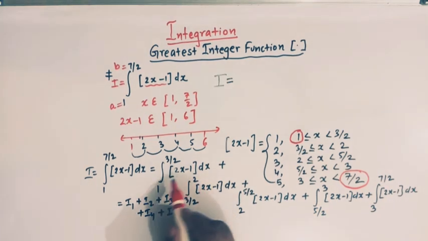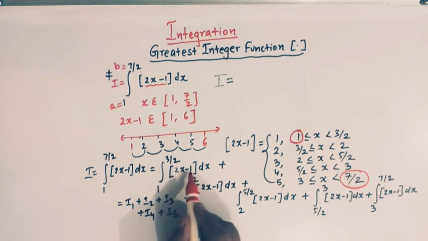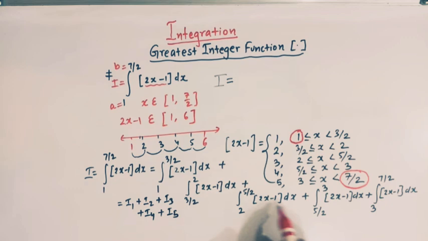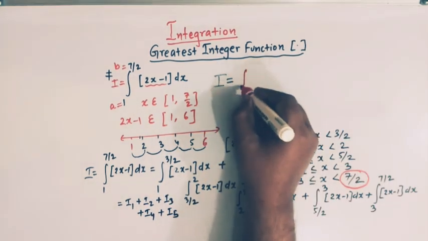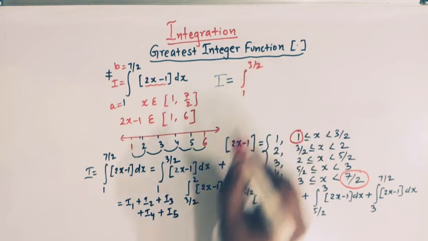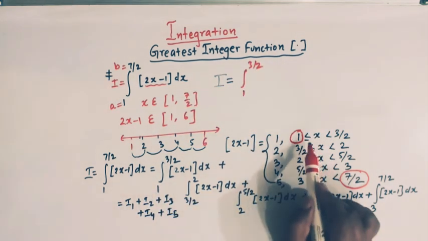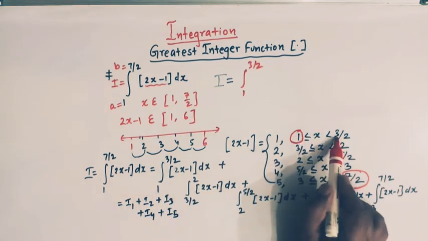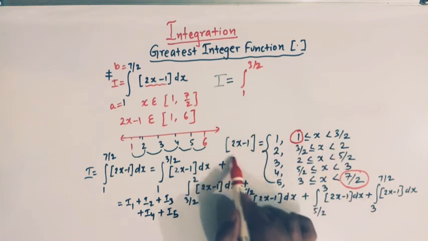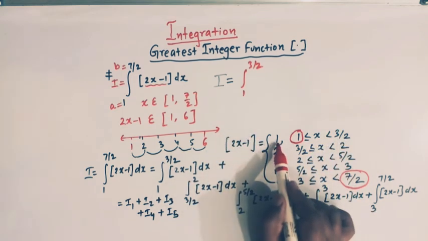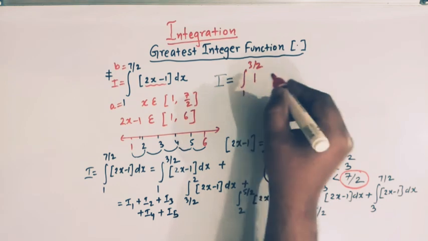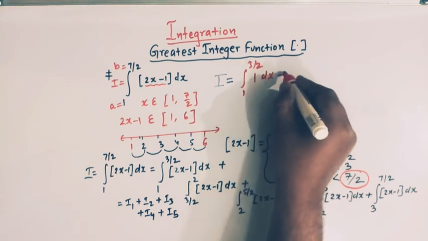So now let us substitute the value of the greatest integer function 2x minus 1 in all these 5 integrals, right? So the first integral is from 1 to 3 by 2, and when x lies between 1 to 3 by 2, then the value of this greatest integer function is 1. So here we'll have 1 dx, right?